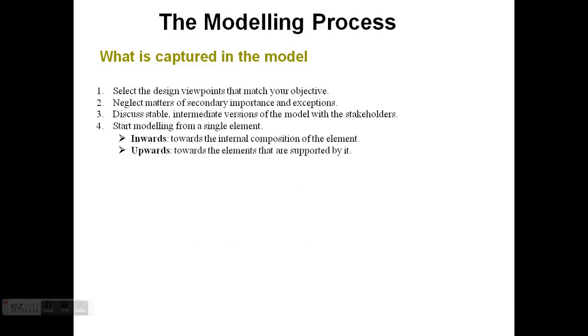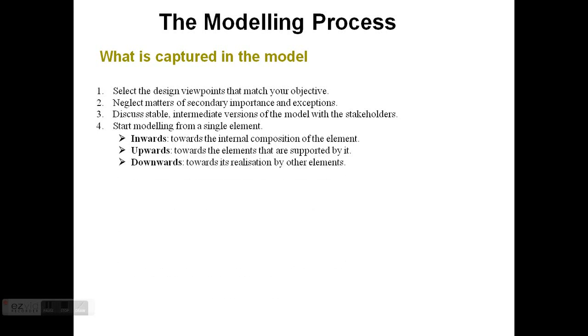Then upwards, the elements that are supported by it. So this is about every other element that depends on the element that you are modeling. So which elements this current element is supporting is going upward.